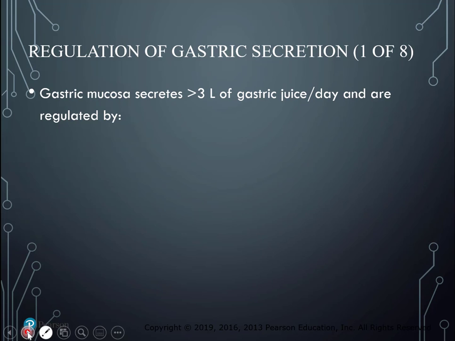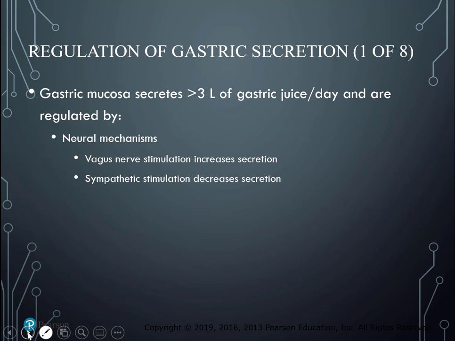Okay, let's take a look at gastric secretion. The gastric mucosa secretes roughly more than 3 liters of gastric juice per day, and this is regulated by neural mechanisms. You know that when we are in a parasympathetic mode, that's the time we can digest our food. The main branch of the parasympathetic nervous system, as we know from our nervous system lessons, is the vagus nerve.